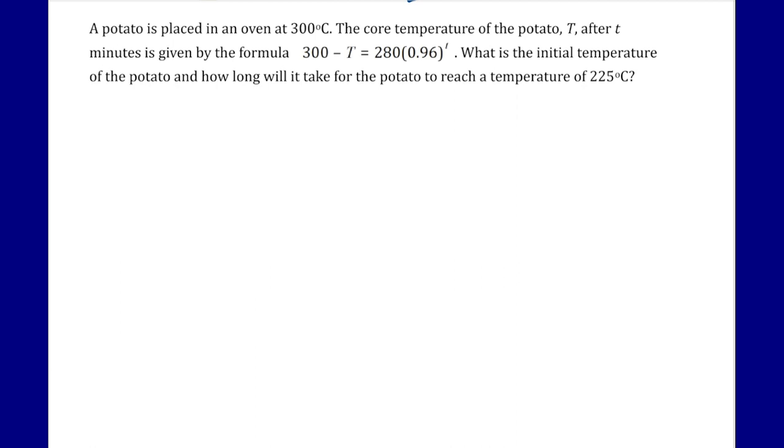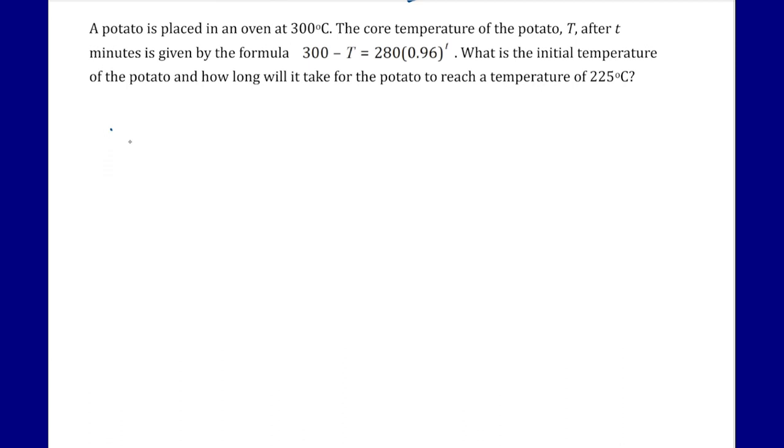So in this case, it's placed in an oven at 300 degrees Celsius. The core temperature, capital T, after lowercase t minutes is given by the formula 300 minus T equals 280 times 0.96 to the power of t. What is the initial temperature and how long will it take for the potato to reach 225 degrees Celsius?